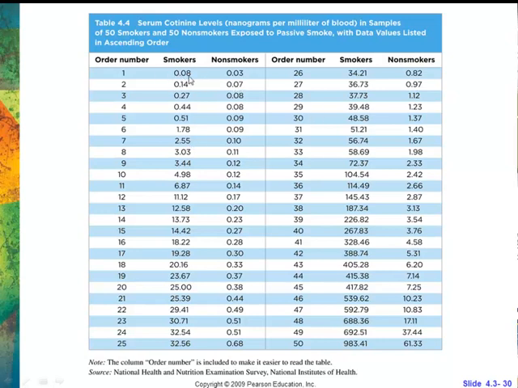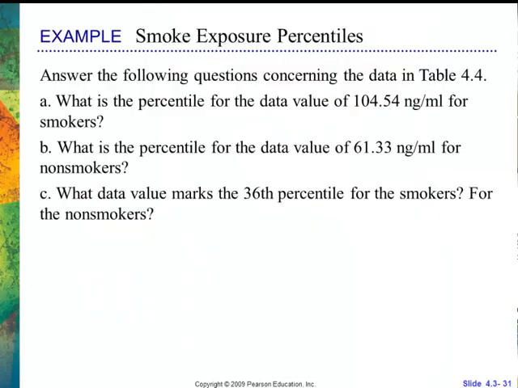The first number, the smoker has 0.08 nanograms per milliliter, and the non-smoker has 0.03, so that's the lowest one. Whereas the highest one for smokers is 983.41, and non-smokers is 61.33. So obviously non-smokers have less of this stuff. All right, but what does that tell us? We want to look at percentiles here, and they ask us some questions about it.